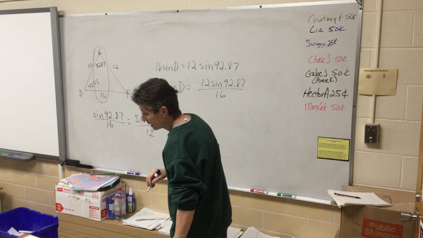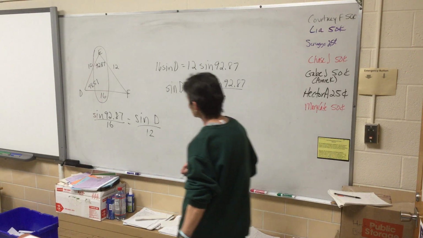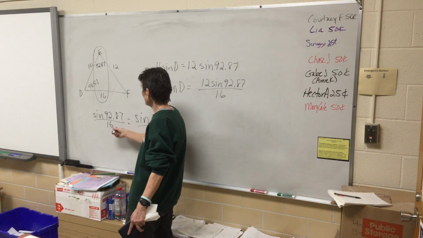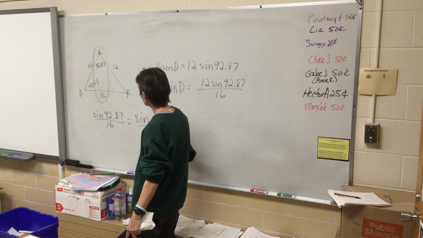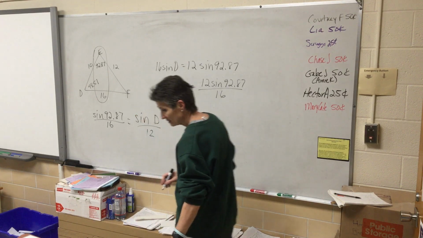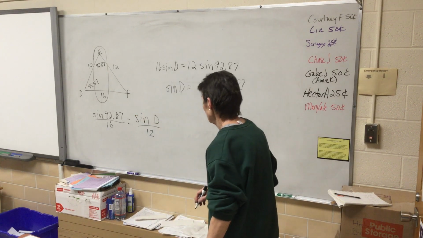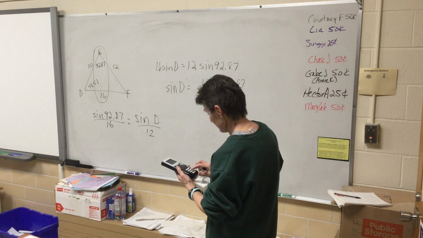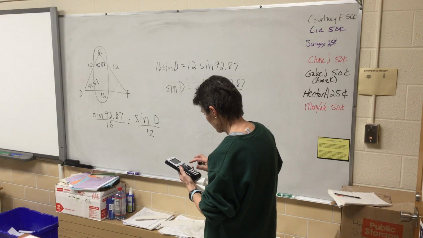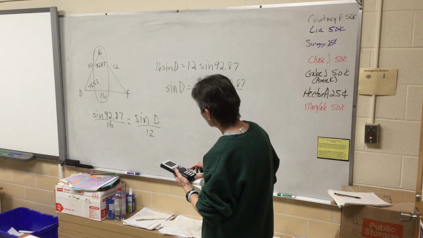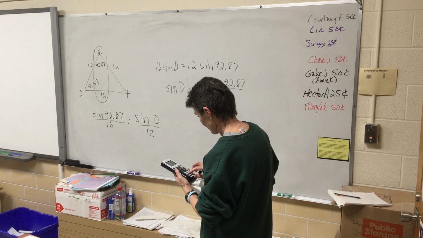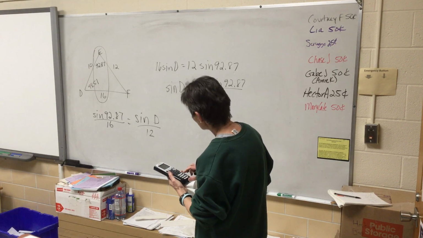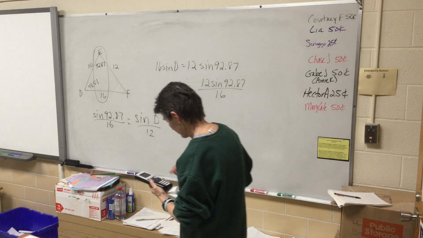Yeah, so recheck your calculation, Caroline. Make sure you have it set up. Sine 92 over 16 equals sine F over 10. And you should get 38.62.